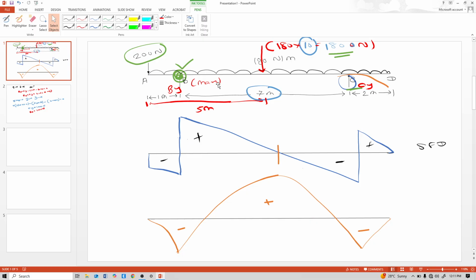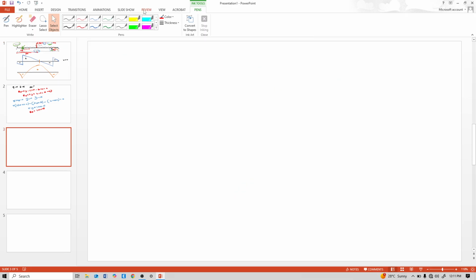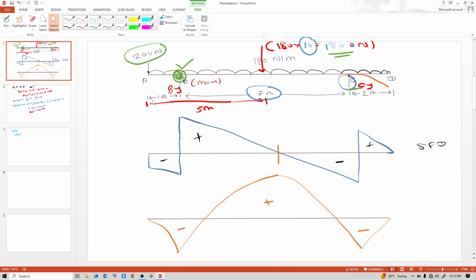So next, calculate the shear force diagram. Shear force at point A is equal to 200 Newton, minus 200, because this load 200 is downward.